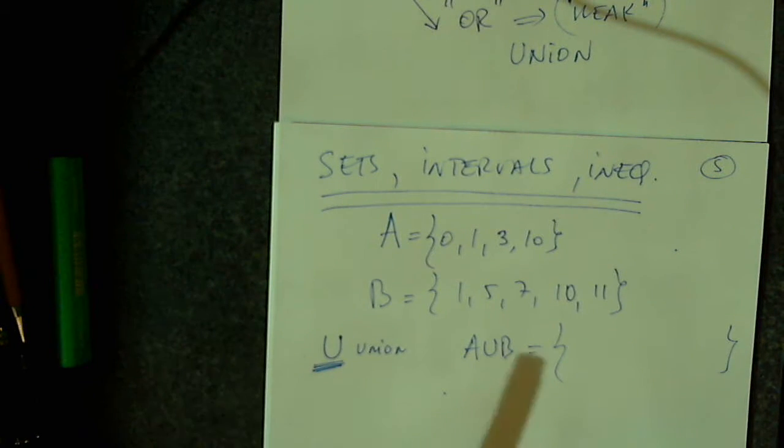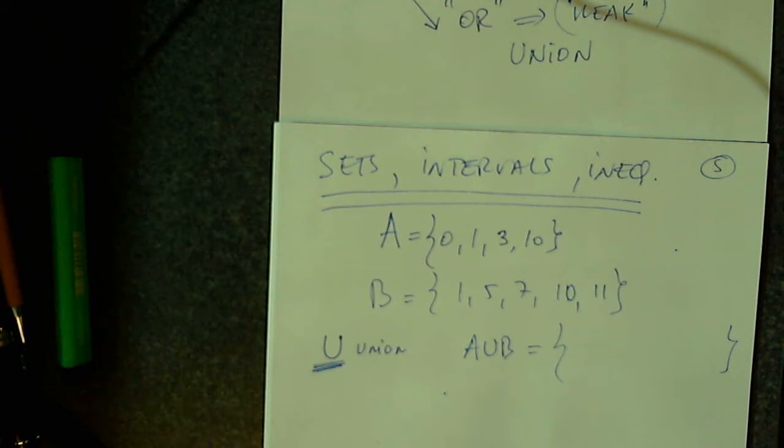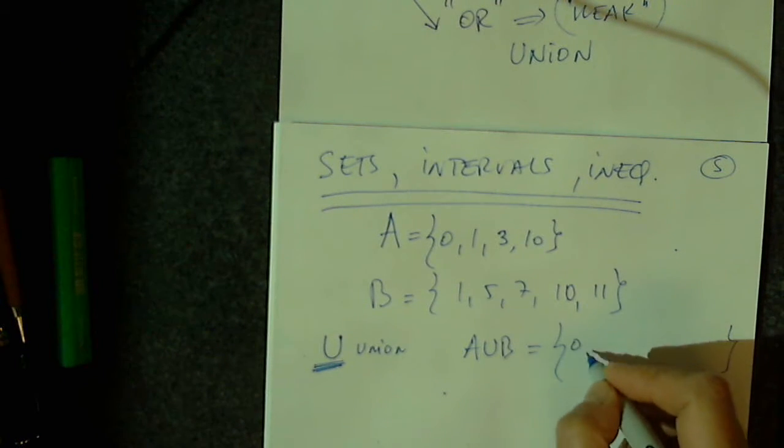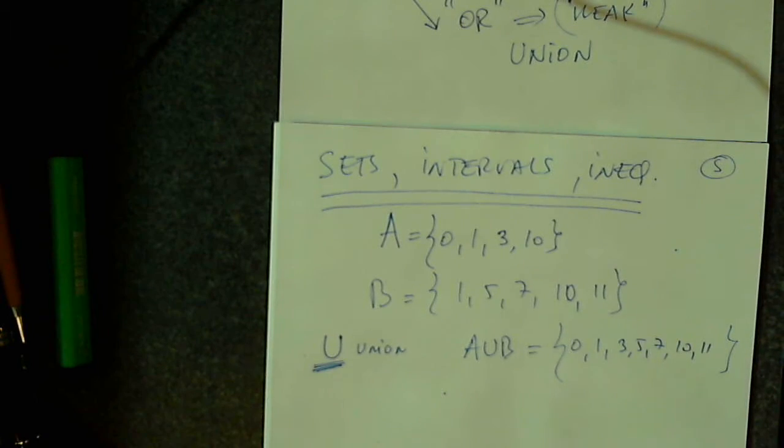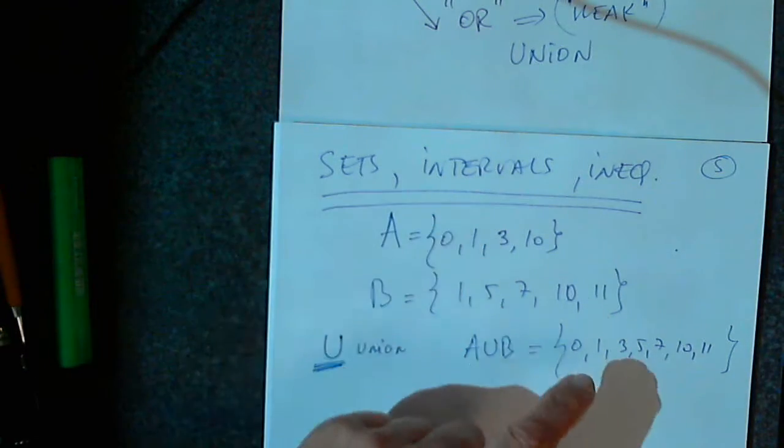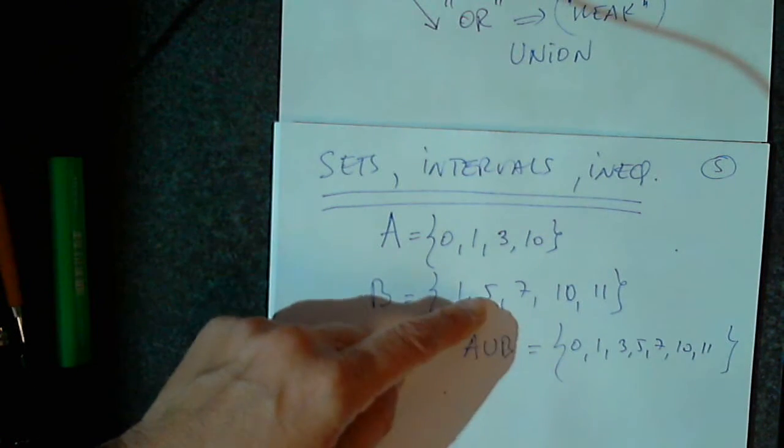So all I have to do is just list all the elements and write them only once. I cannot write them twice, because if I write 1 twice, it doesn't mean that I have an extra element that is 1. I still have just 1 element. So this is 0, 1, 3, 5, 7, 10, 11. That's the union. If it's here, it should be here. If it's here, it should be here.